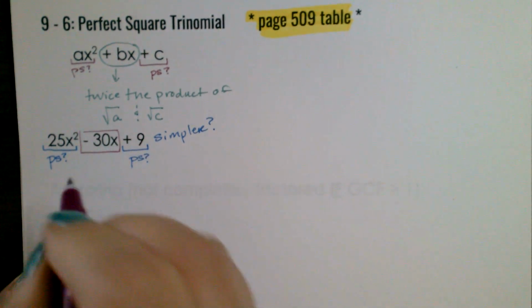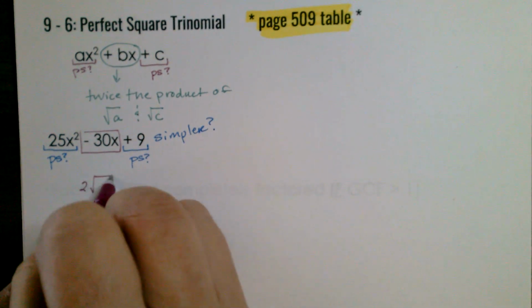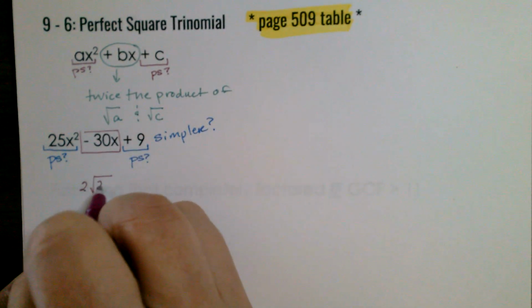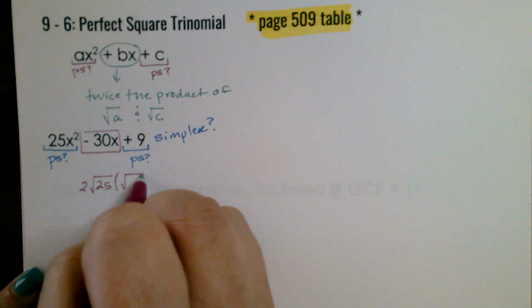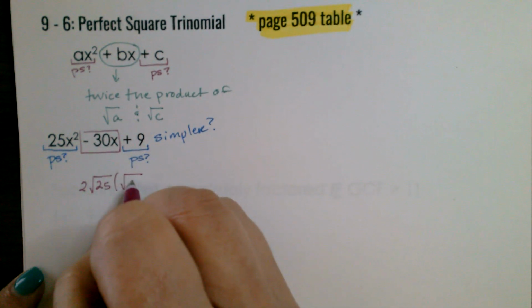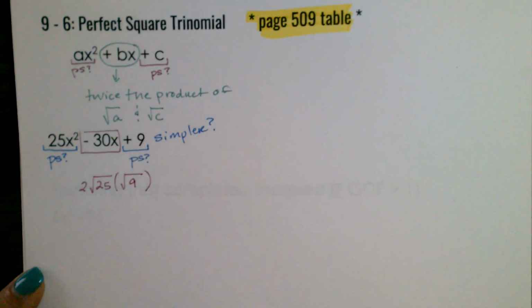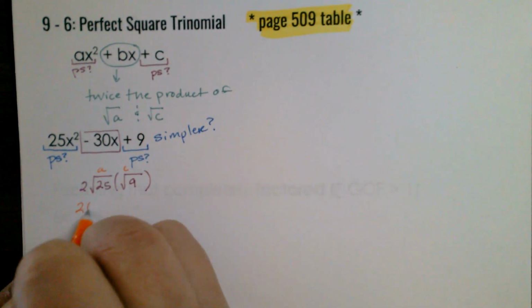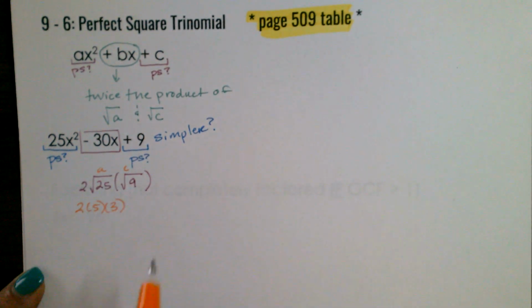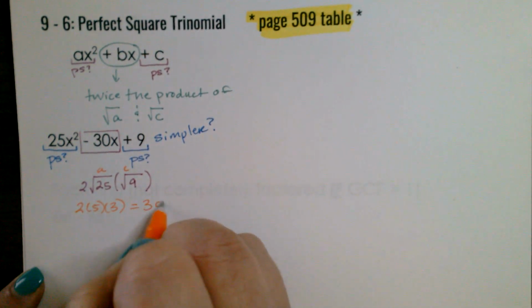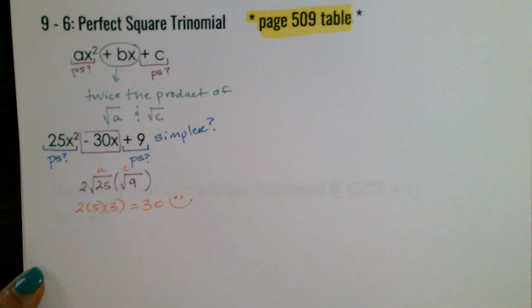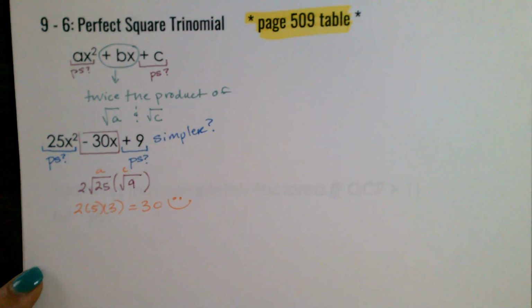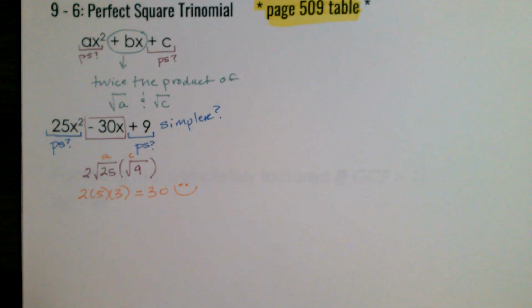Now I want to run the B term through that test. Is 30 2 times the square root of the first term times the square root of the last term, C? Okay, so is that 2 times 5 times 3? Woo! It does equal 30. That is very exciting. That means to factor this, it's very straightforward.